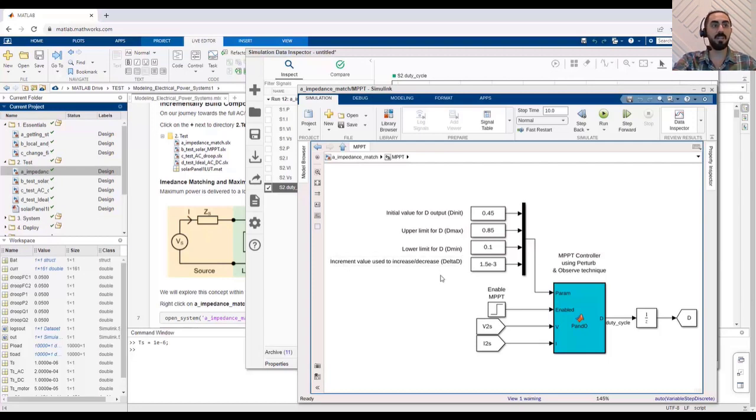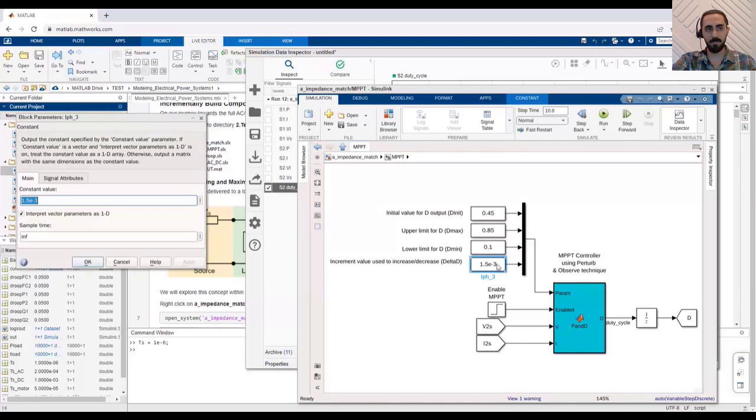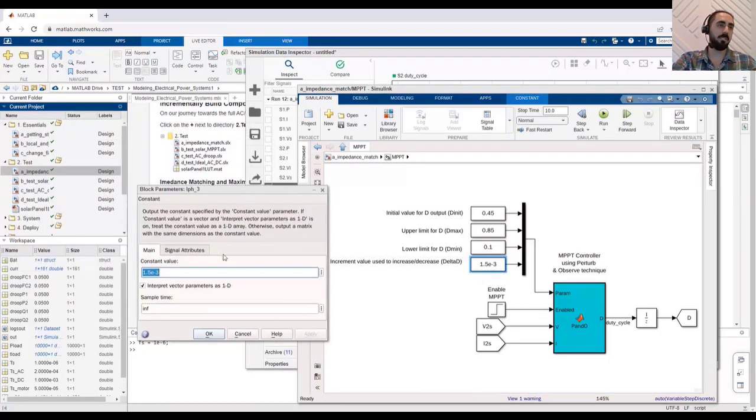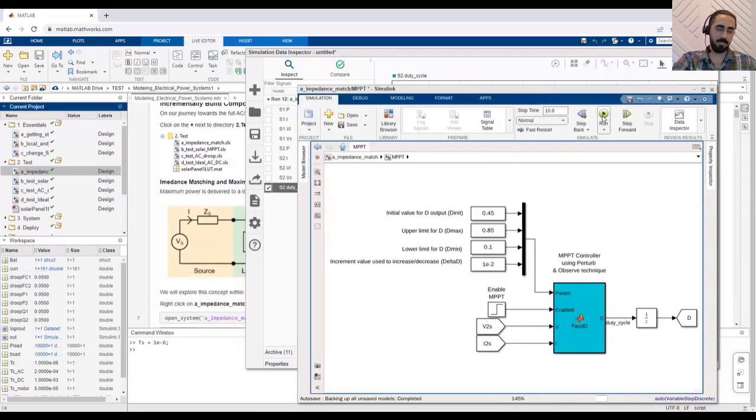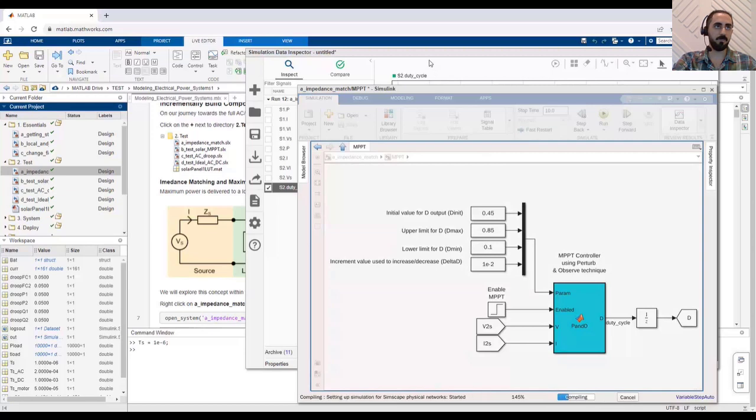We have the increment value in here. Now it's 1.5e-3. If I double click on that, open it, and change the value to a larger amount, like 1e-2, for example, and run the system again to see the difference.